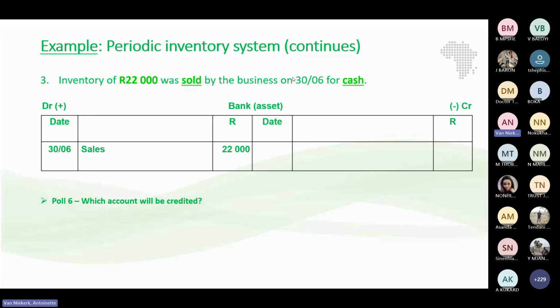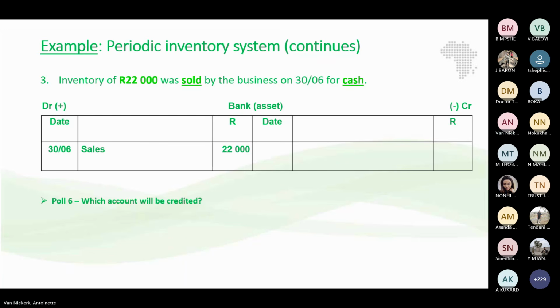Now there will be an inflow of money because you sold inventory. An inflow means an increase in your assets. Your bank account is an asset, and it will increase on your debit side.